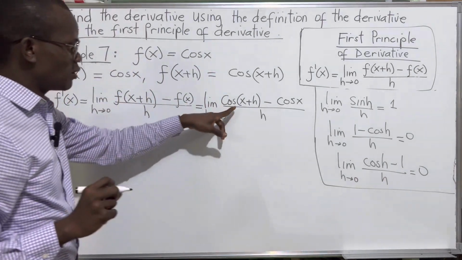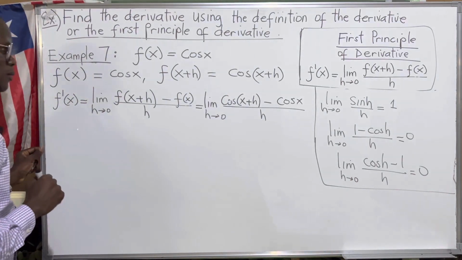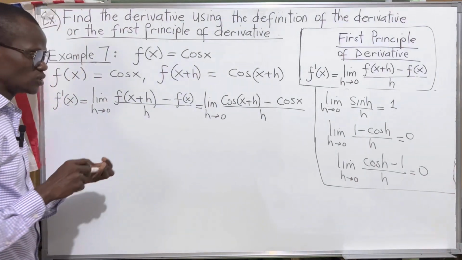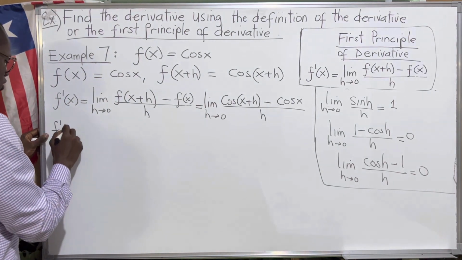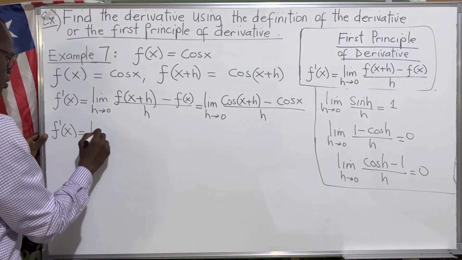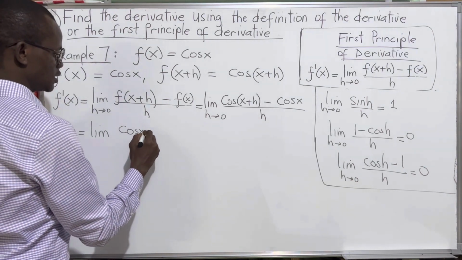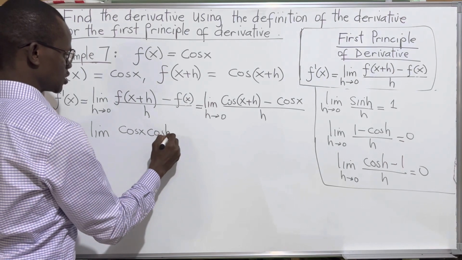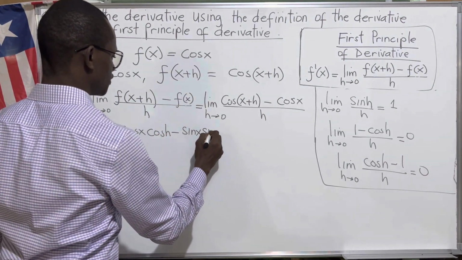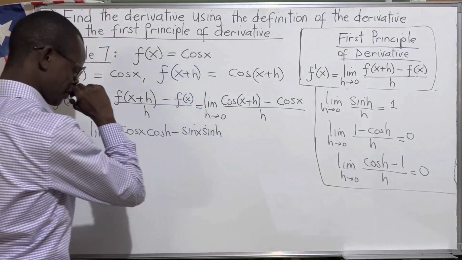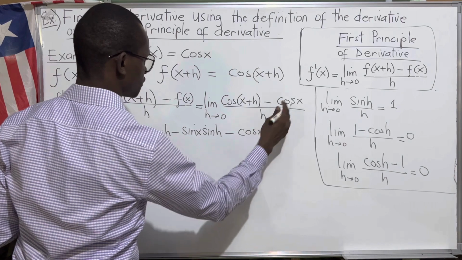Our goal now is to first expand cos of x plus h. According to the cosine of a sum, cos of x plus h is just equal to cos of x times cos of h minus sine of x sine of h, minus cos of x.